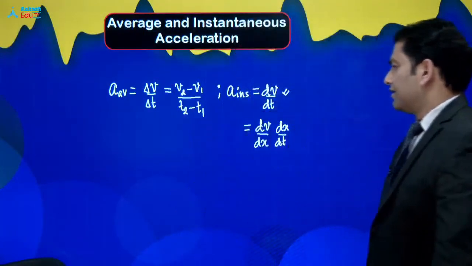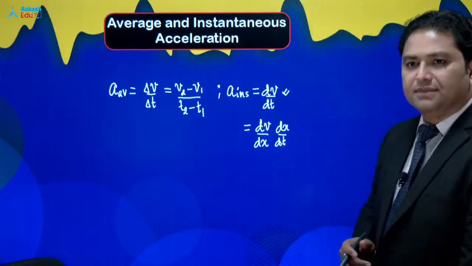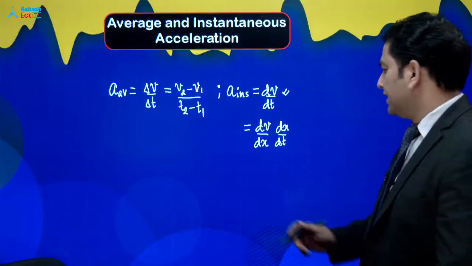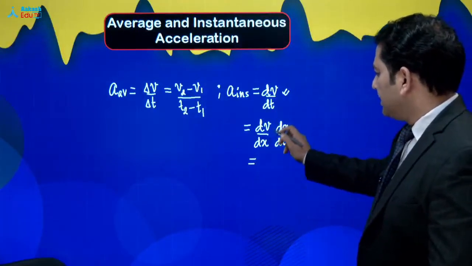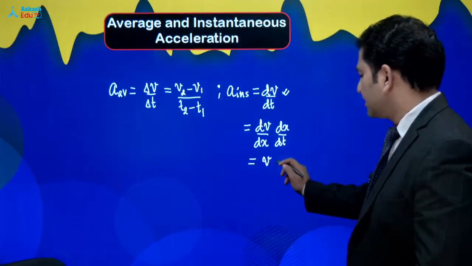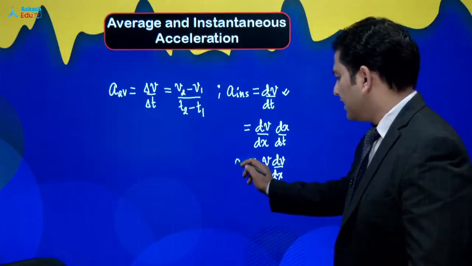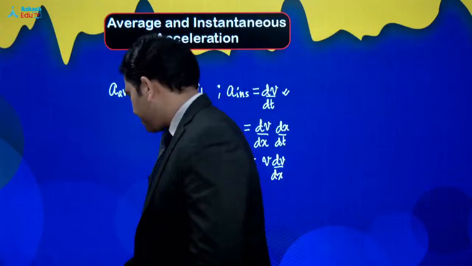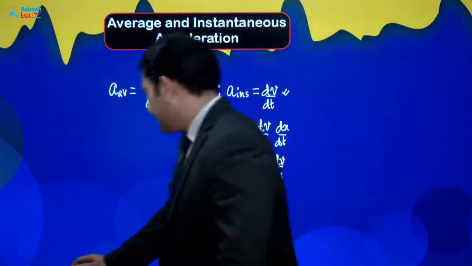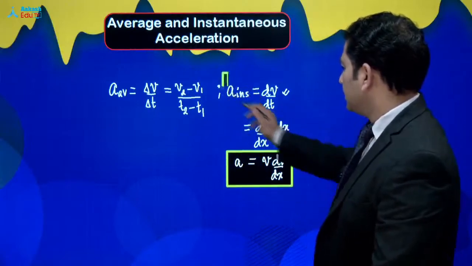Alright, so now the acceleration dv by dt और इसी को लिखेंगे dv by dx multiplied by dx by dt, और further हम इसको ऐसे कर सकते हैं, ये जो dx by dt है that's velocity multiplied by dv by dx, that is acceleration. So guys, basically acceleration का दो expression है, या तो ये या तो ये.